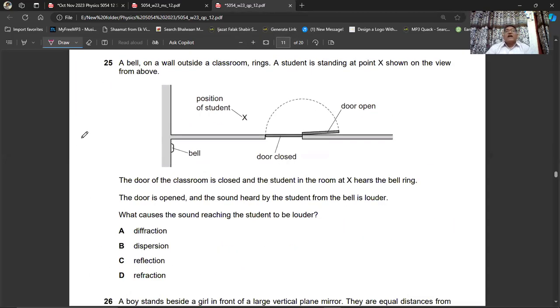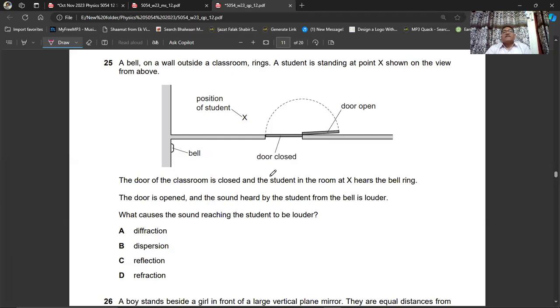The door of the classroom is closed, and the student in the room at X hears the bell ring. The door is opened, and the sound heard by the student from the bell is louder. What causes the sound reaching the student to be louder? You see, here we have obstacles in the path of the sound waves, and on the edges of these obstacles, the sound waves are able to bend.